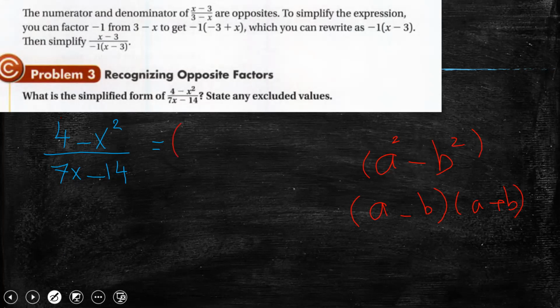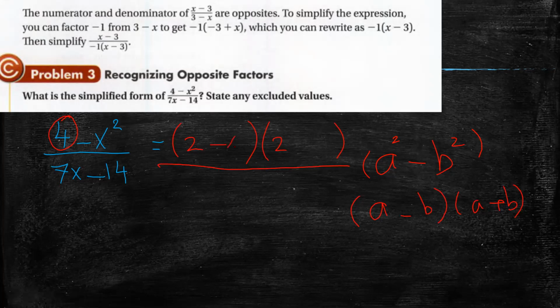Here we have to find the square root of 4, which is 2, and 2. And as I told you, one is negative and one is positive. Then you put the square root of x squared, which is x here and x here. And then one is negative and one is positive.